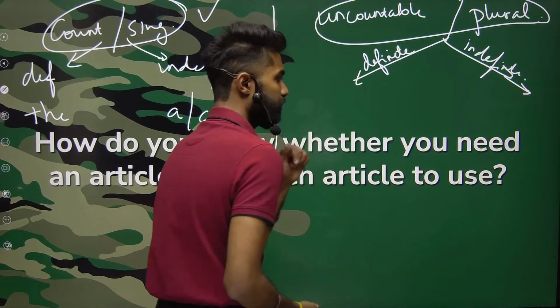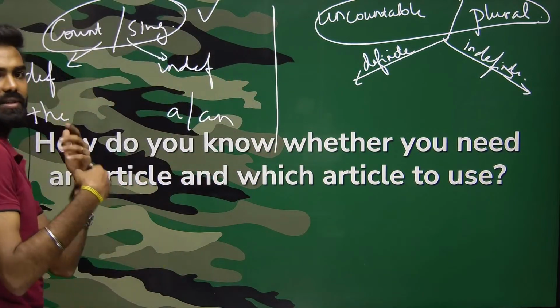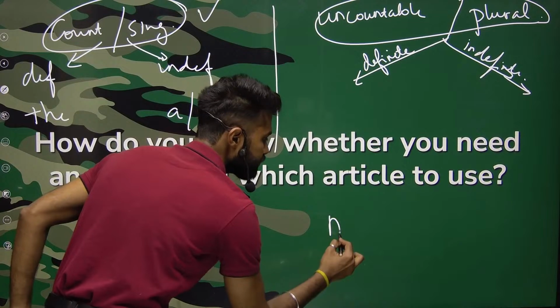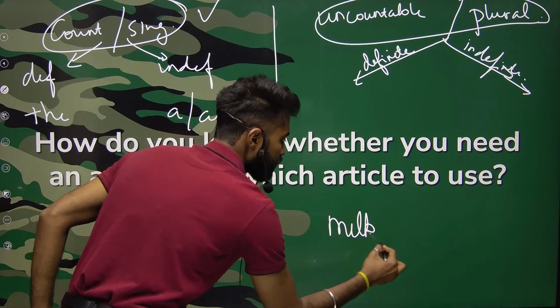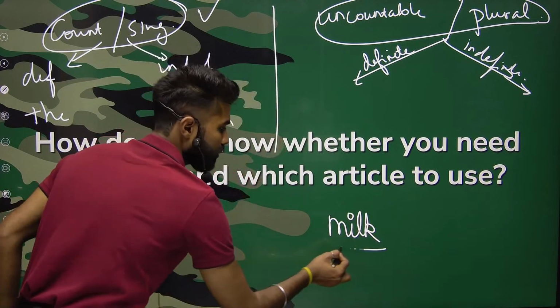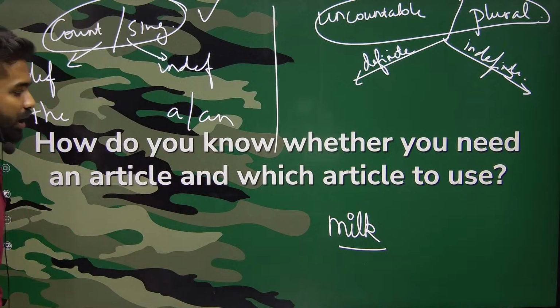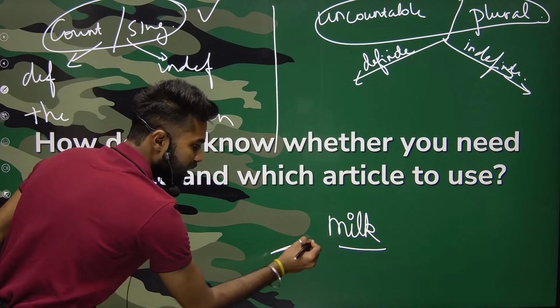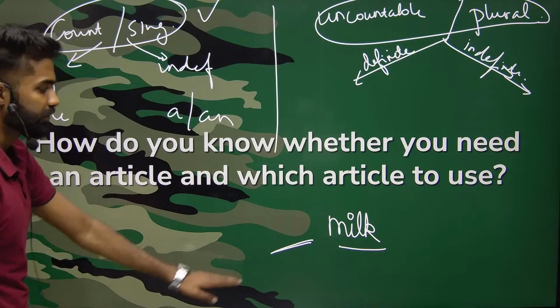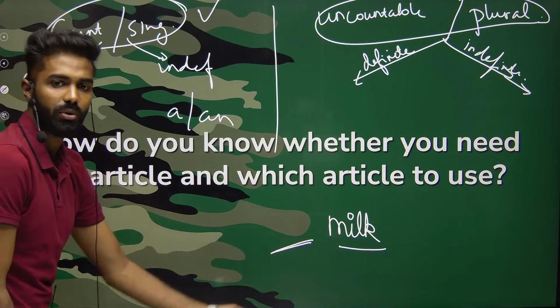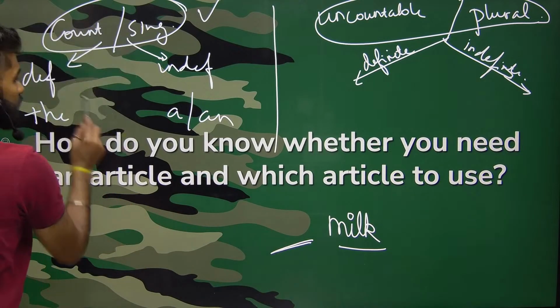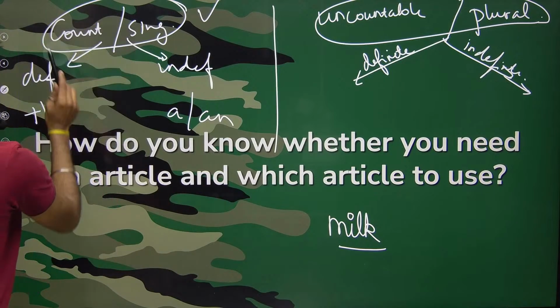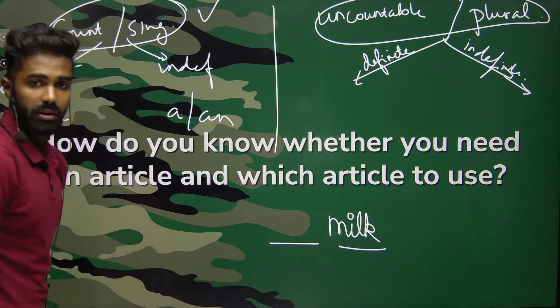Let me take something, okay? Milk. This is my noun, milk. And I have to decide whether I place an article before it or I don't have to place an article.